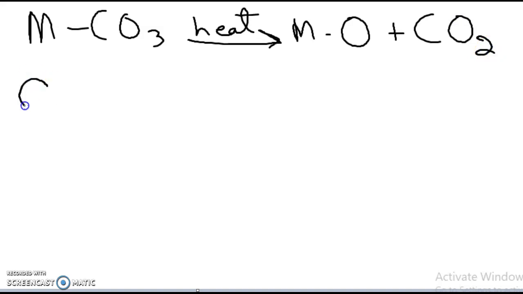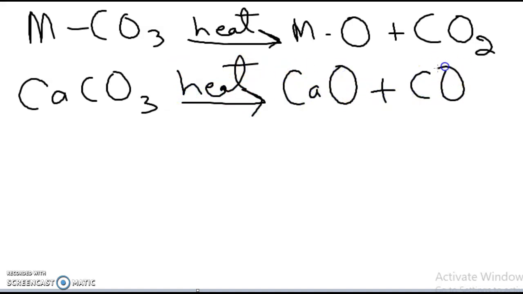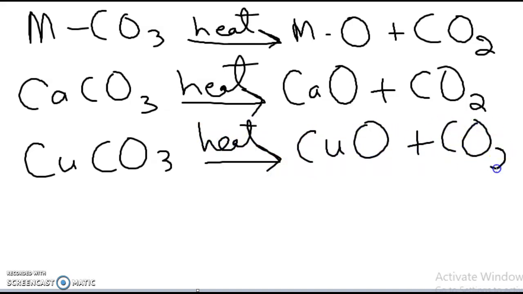Now let's take the example of calcium carbonate. So if calcium carbonate, that is limestone, is heated, you will get calcium oxide plus carbon dioxide. If you take copper carbonate and heat it, you will get copper oxide plus carbon dioxide.